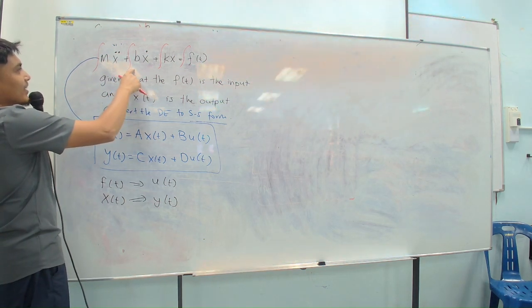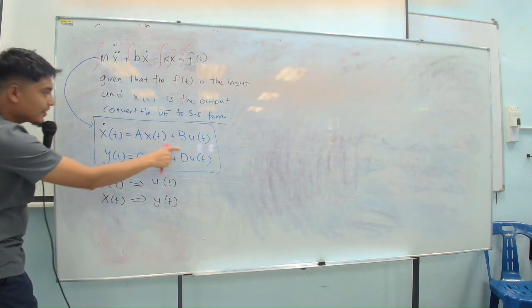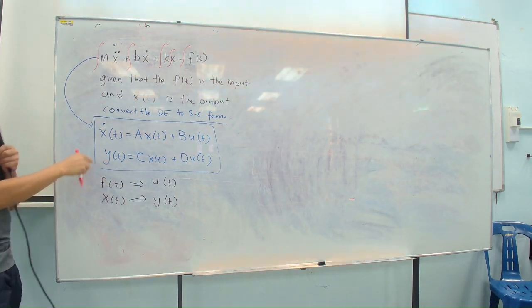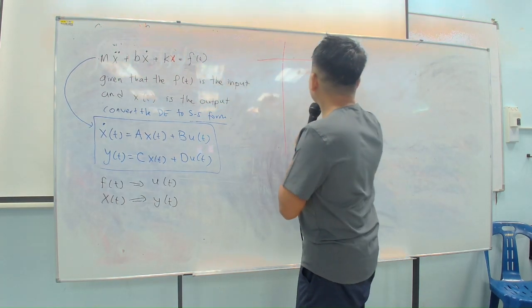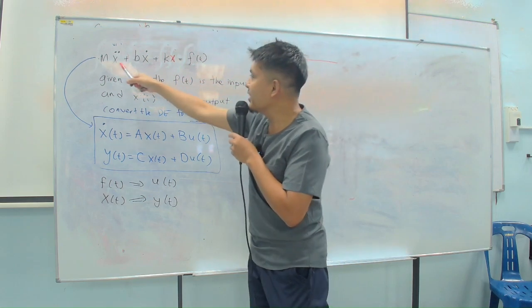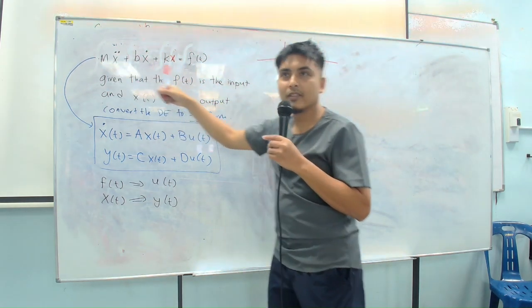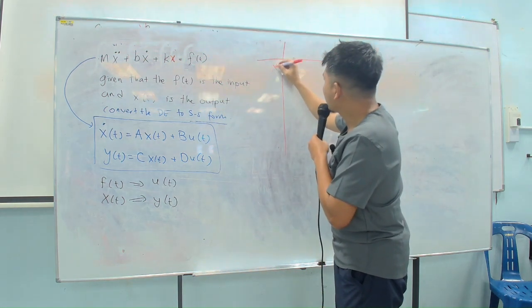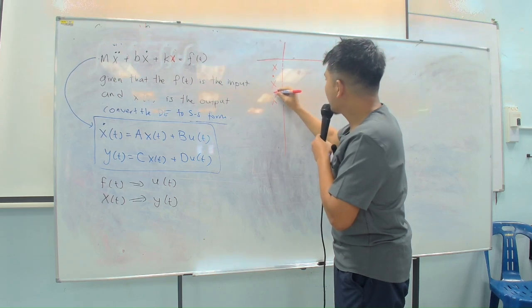If you integrate it, then this will be the integral of x, is it? Is there any integration of f(x)? No. In this thing, we have x, x dot, and x double dot. Just put it as x, x dot, x double dot.